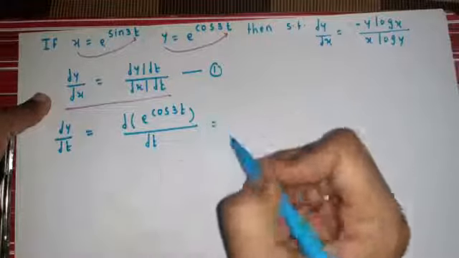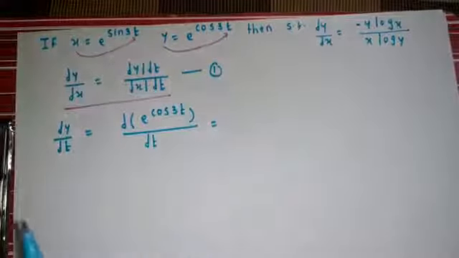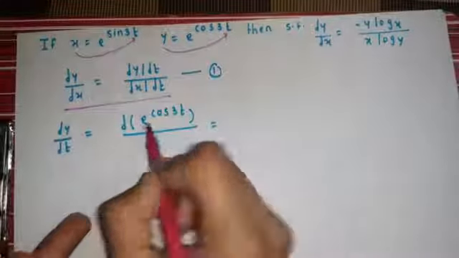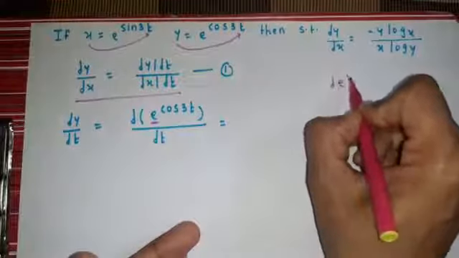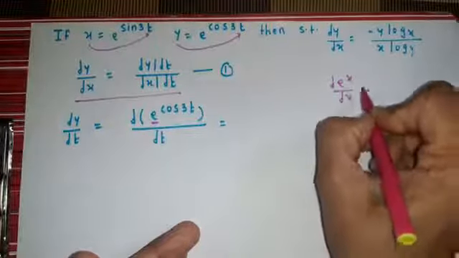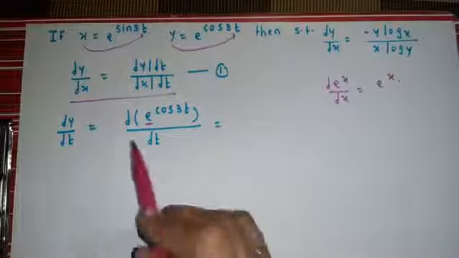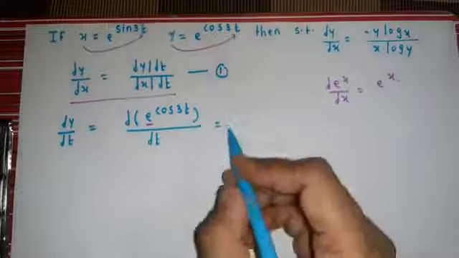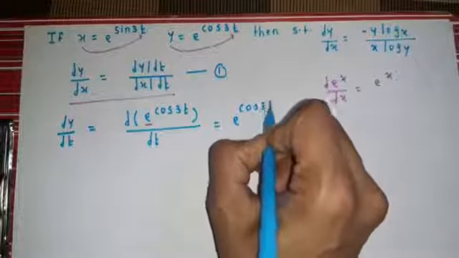To differentiate this, first use the exponential formula: differentiation of e raised to x with respect to x is e raised to x, and therefore differentiation of e raised to cos of 3t is e raised to cos of 3t.